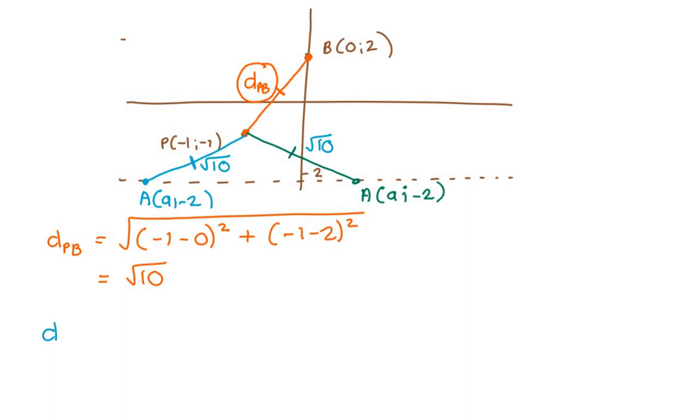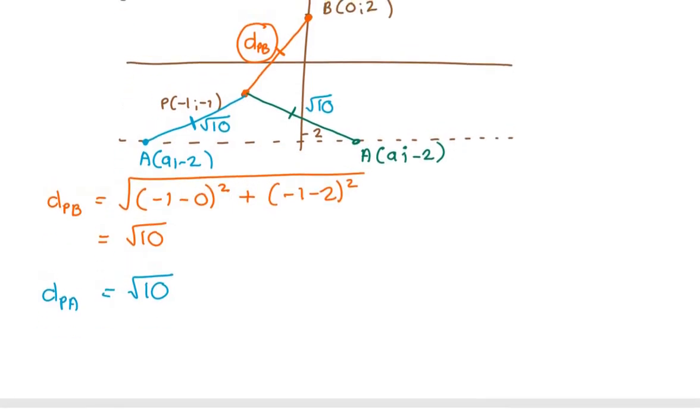So the distance now from P to A must also be root 10 because A is equidistant. So that means, and I'm probably going to run out of space here, I've written so much. So that means root 10 is equal to the root of, now it's negative 1 minus A, I don't know what that is, plus negative 1 minus 2, so it's actually plus 2.